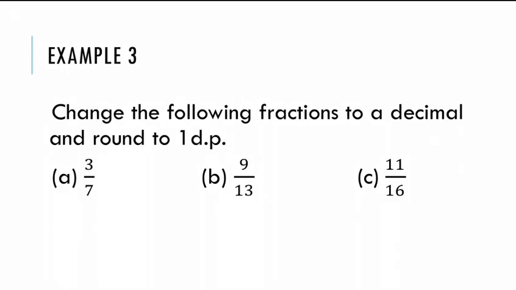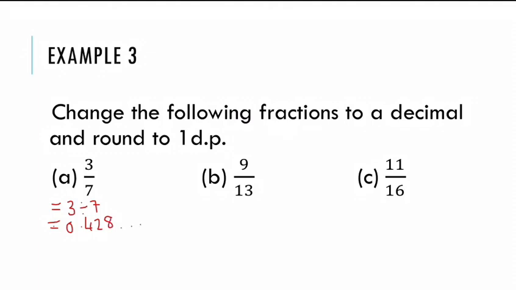Okay, so in example 3, we are being asked to change the following fractions to a decimal first and round to 1 decimal place. So if you recall how to change a fraction to a decimal, we divide the top number by the bottom number in a calculator. So in your calculator, you do 3 divided by 7, which is going to get you 0.428 and so on.